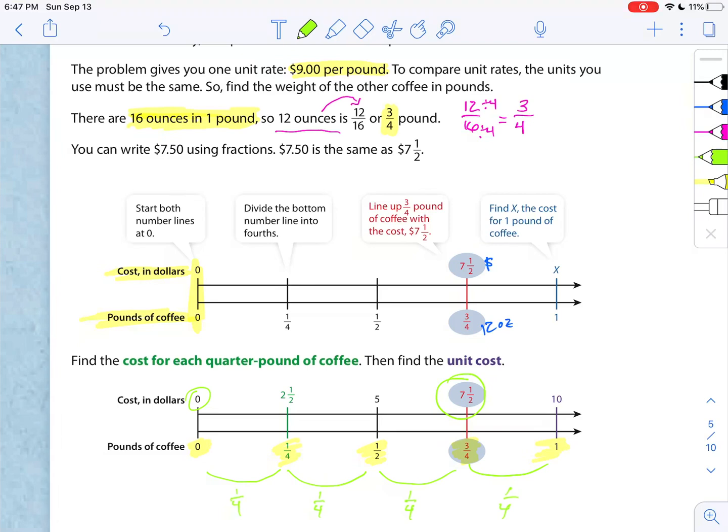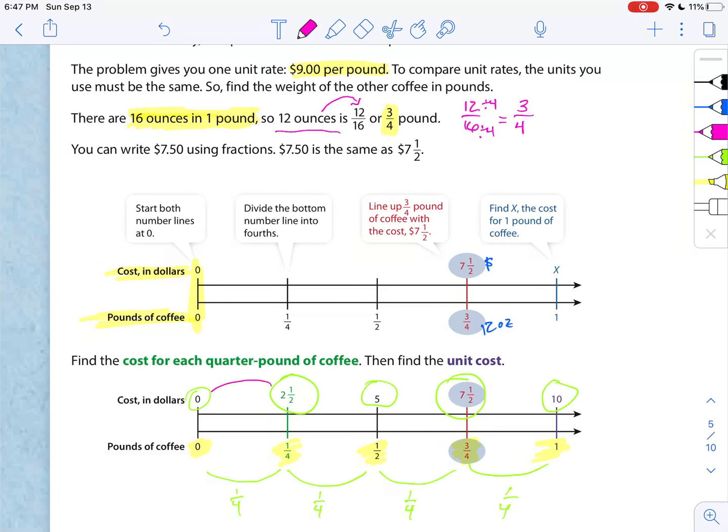We can fill in the rest with $2.50, $5, and $10, using that same principle of going up by the same amount. Now, we don't have to necessarily go up by the same amount as the bottom number line. This top number line goes up by 2.5.